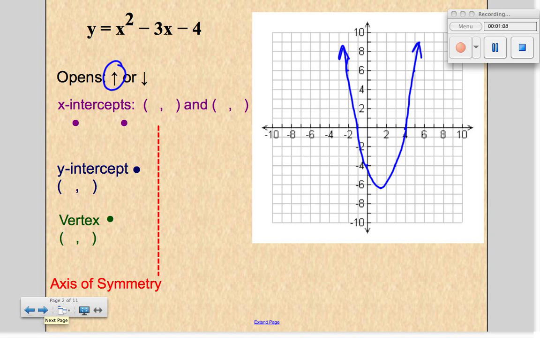My x-intercepts, let's just show where they are here. It is where a line crosses the x-axis. So my x-intercepts there would be the point (-1, 0) and the point (4, 0).